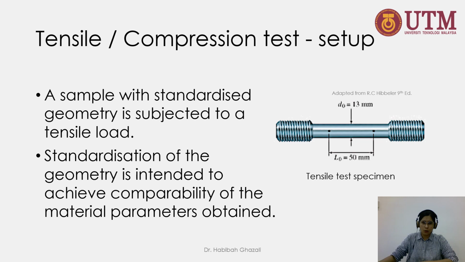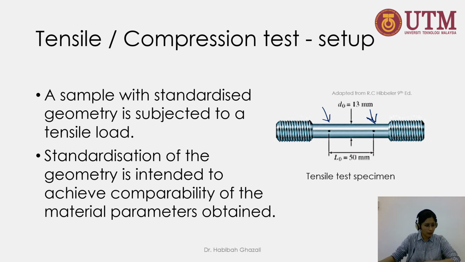All right, so the first thing that you need to do when you have this specimen is to punch these two holes here, and this is going to be the initial length for this specimen. From the experiment, we will calculate the strain of this specimen after it's being tested.